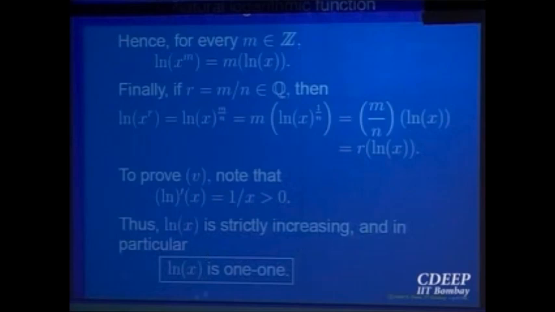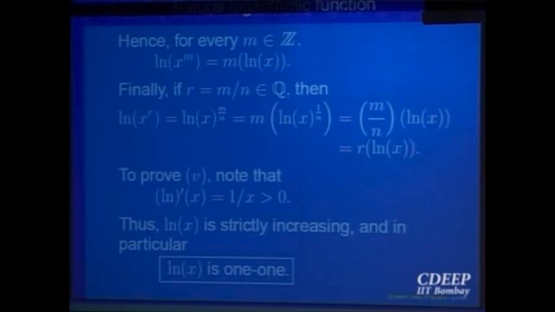So it is a strictly increasing function, and it has to be 1-1, obviously. I want to show this function is onto also. It is a function defined on 0 to infinity, and I want to show it takes values in all of R, that every value in the real line is taken by ln.